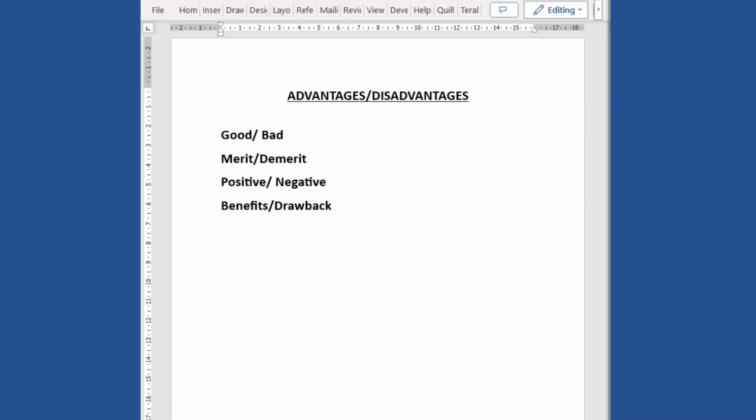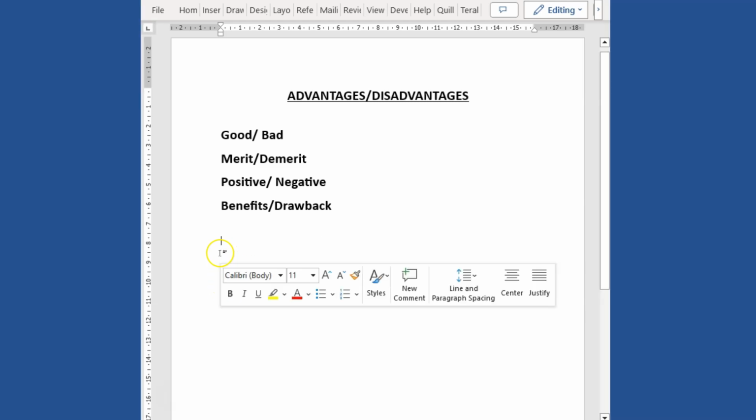Sometimes they might ask, do you think the positive side of it is more than the negative side of it? Okay, so all of them are talking about advantages and disadvantages. All right, so your examiner might ask the question in two forms.